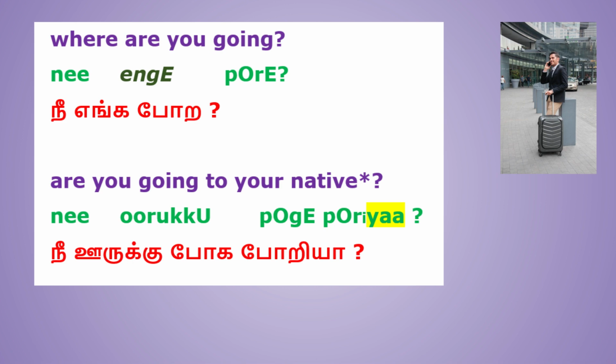In Tamil, we would use the sound "a" at the end to achieve this. நீ ஊருக்கு போக போற is "you're going to go to the town", and that becomes நீ ஊருக்கு போக போறியா as a question. So the ending sound "a" is the one that changes it into a question. But there's another way too. We shall see that in the next video, so it becomes easier for you to concentrate on one thing at a time. நீ ஊருக்கு போக போறியா?